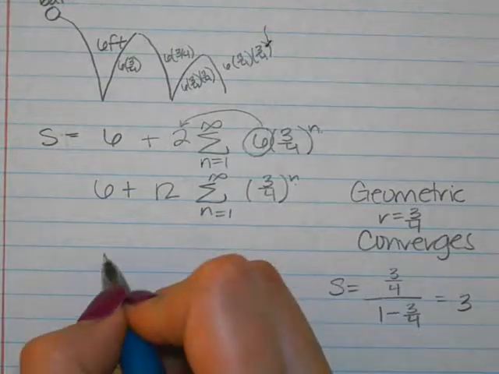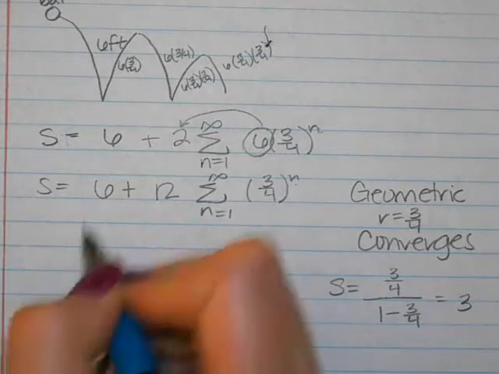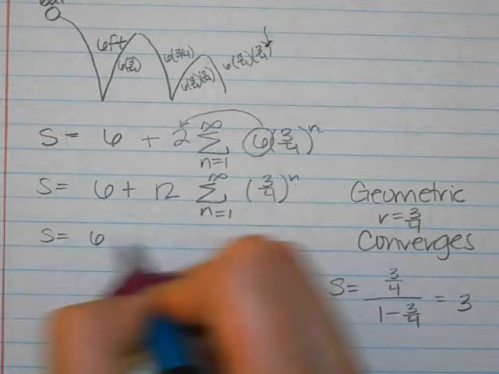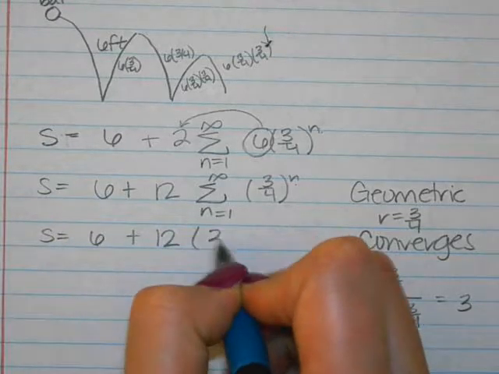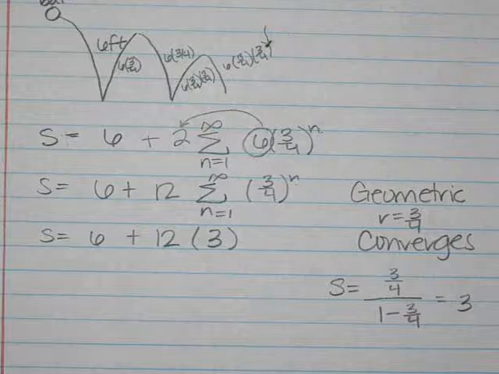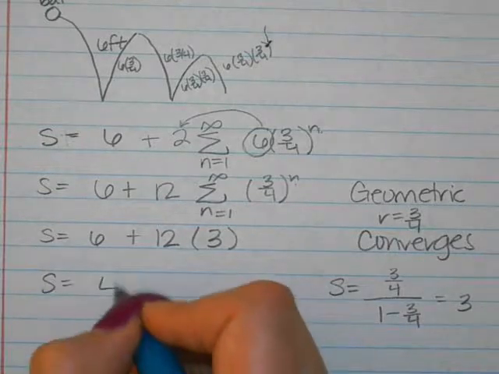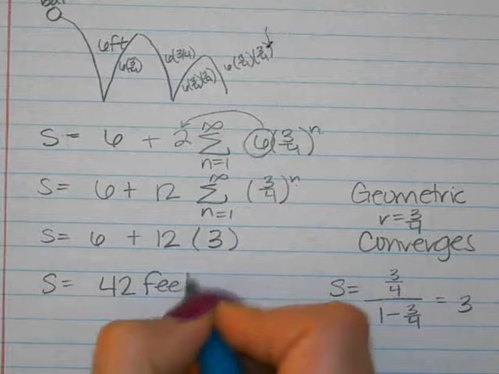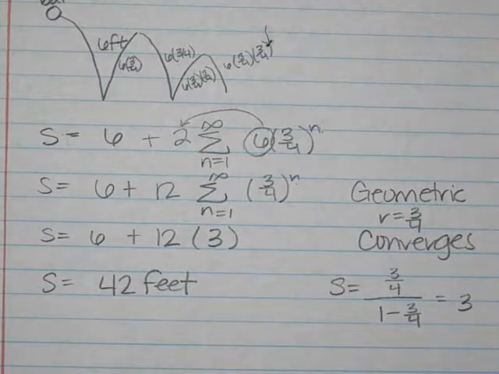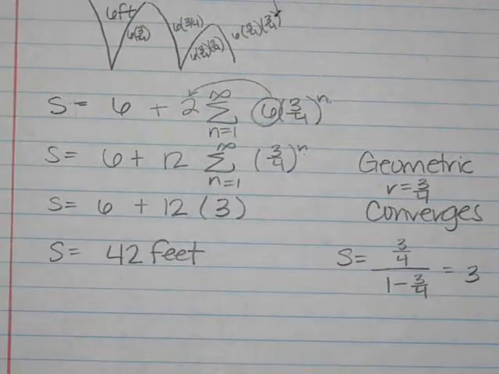So if we solve this, we're going to say the sum equals 6 plus 12 times 3, which is 42 feet. Wow. Overall, we would say the total vertical distance traveled by the ball is about 42 feet.